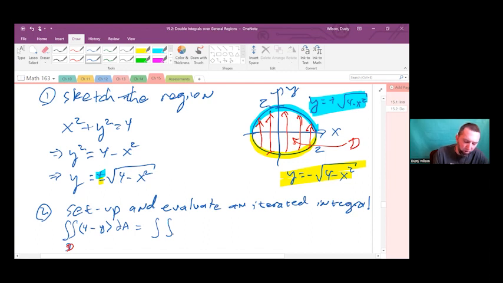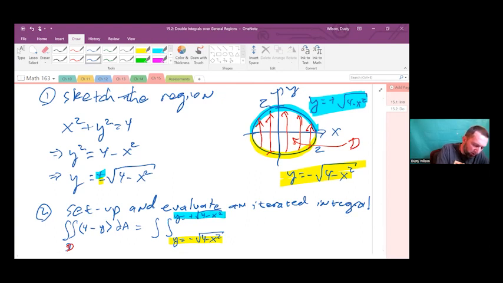We're going to go from the lower limit of y equals negative root 4 minus x squared to y equals plus root 4 minus x squared. So that's from the yellow to the blue.